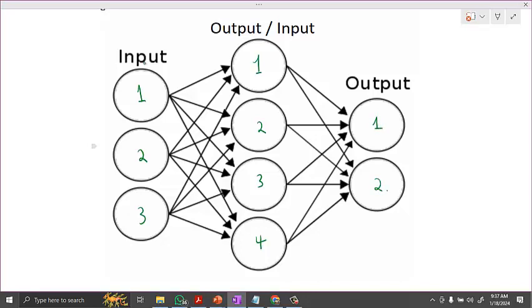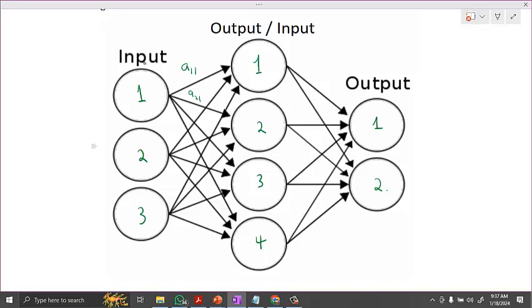Then I want to label these entries here. This goes from input 1 to output 1. So that means I'm going to call this A11. Now this is from input 1 to output 2, and I'm going to call that A21.